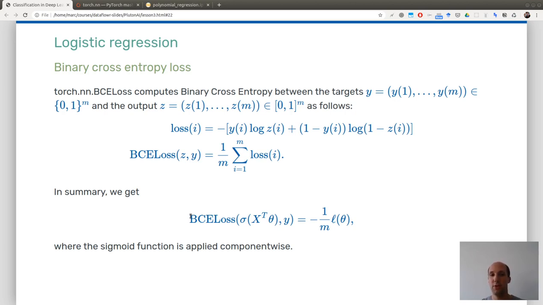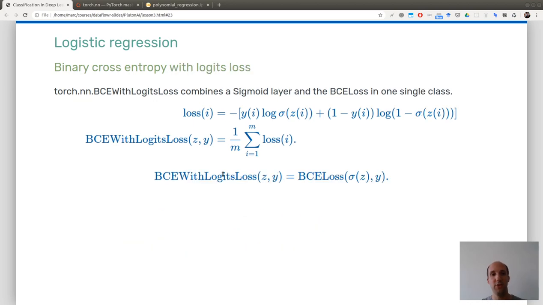So if you are using the binary cross-entropy loss, you need to have a linear model, then apply a sigmoid, and then use the binary cross-entropy loss. There is another way to do that, which is already computing the sigmoid inside the log, and then just taking the sum. This is called BCE with logits loss. And here is the connection between the two, BCE with logits loss and BCE loss.